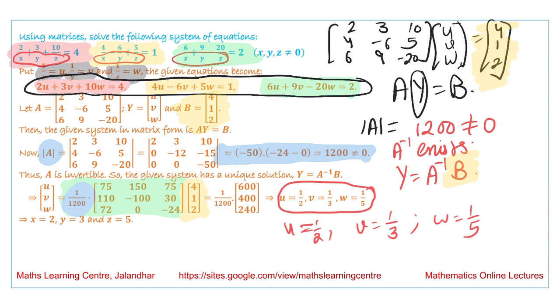And what we have assumed is that x is equal to 1 by u, y is equal to 1 by v and z is equal to 1 by w.